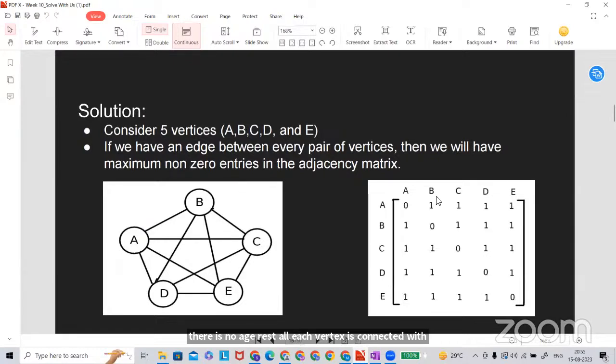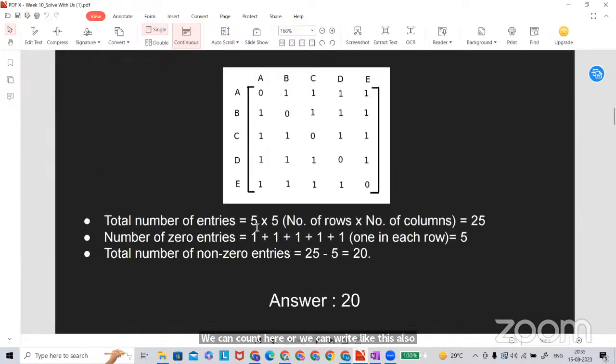The total number of entries is 5 times 5, which is 25. The number on the diagonal is 5. So the total number of non-zero entries is 25 minus 5, which is 20.